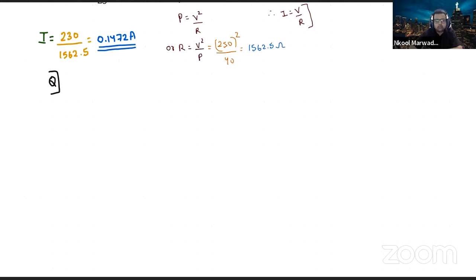I have a resistor with a current of 3 ampere.